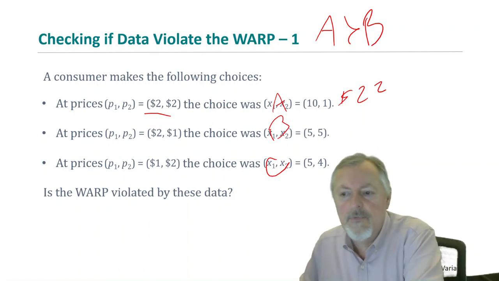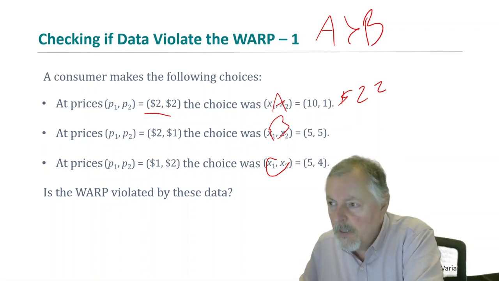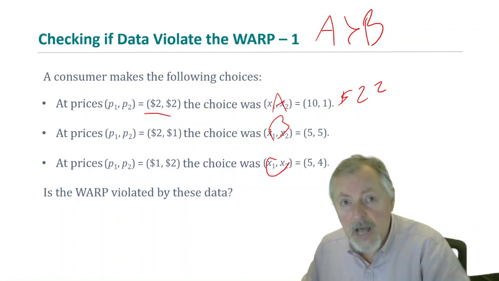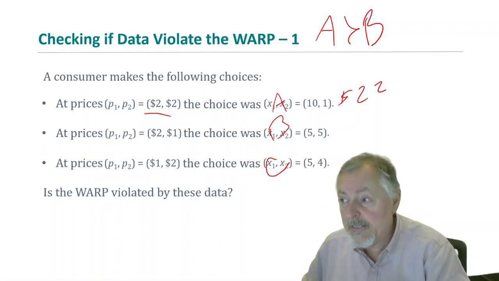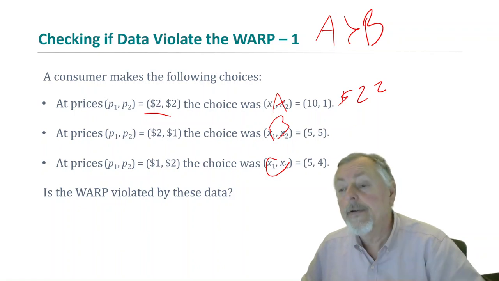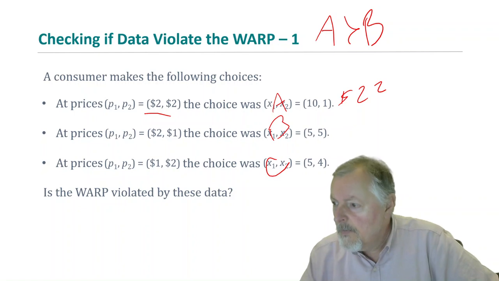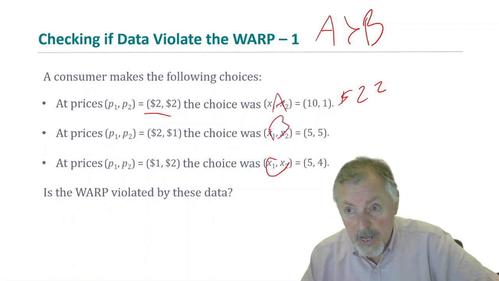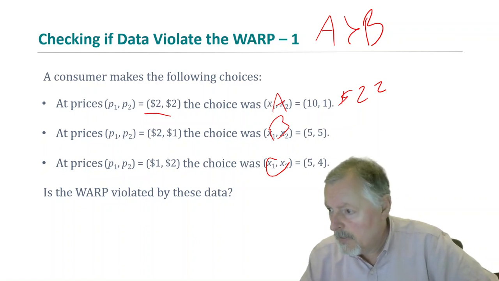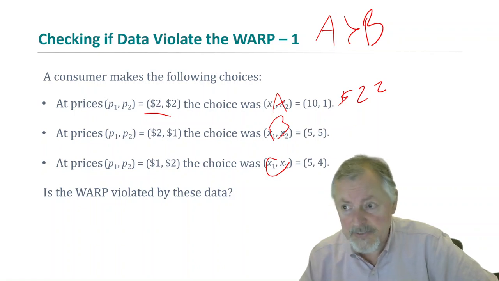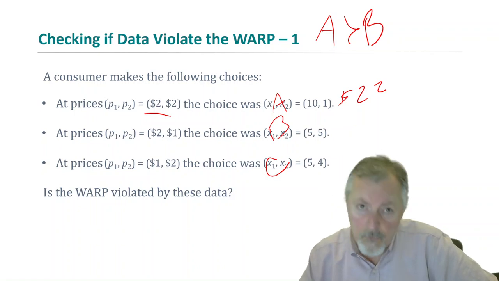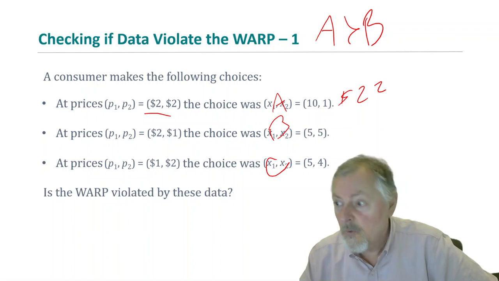Let's do the same thing for C. At the price of $2 and $2, you picked A and you didn't pick C. Could you have picked C? Was it affordable? Well, at a price of $2 for each of the things, bundle C would have cost you 5 times 2, that's $10, plus 4 times 2, 8, would have cost you 18.